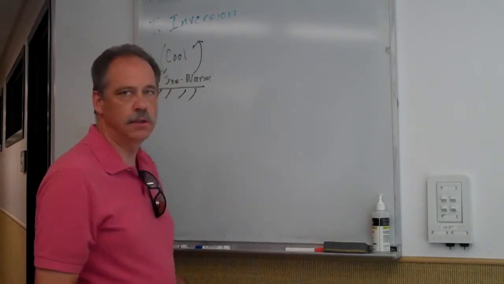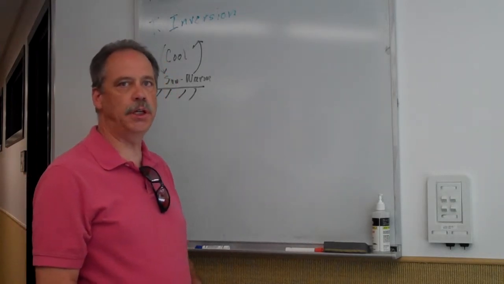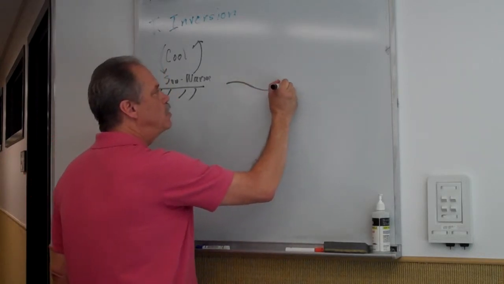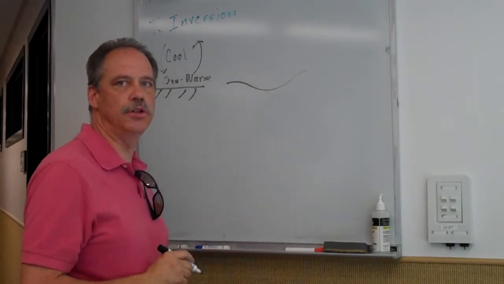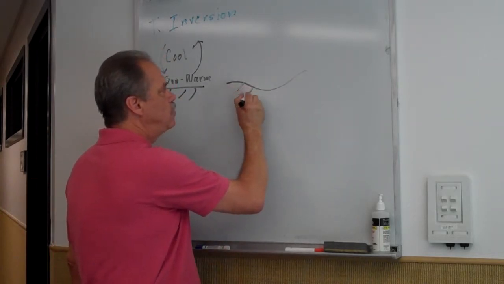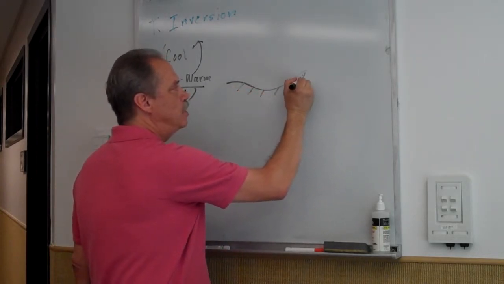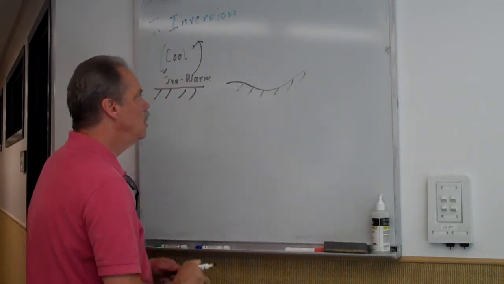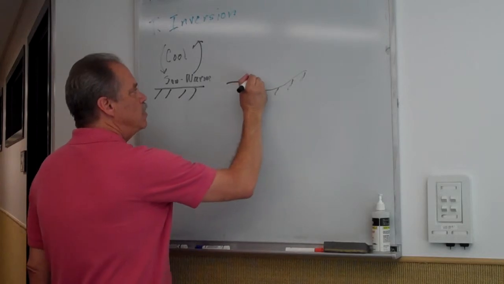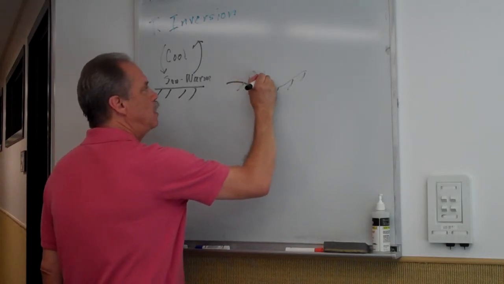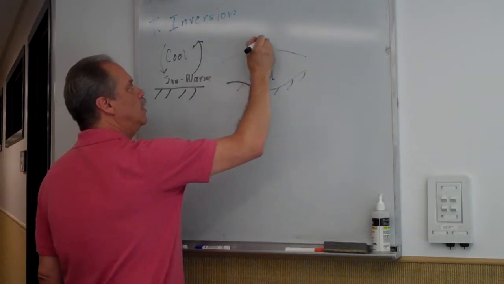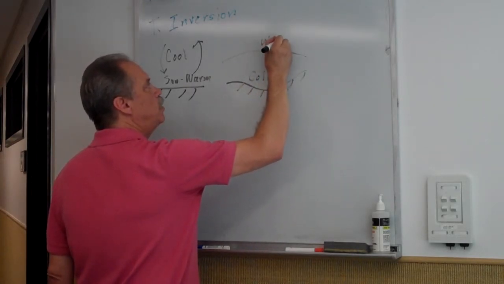Now, in the winters, in Denver in particular, we can get the opposite phenomenon, which we call an inversion. And I'm drawing my ground level like this because Denver actually sits in a bit of a valley. So during the winter, what happens is we get cold air at the ground level, and we kind of get a cap of warm air up above it.